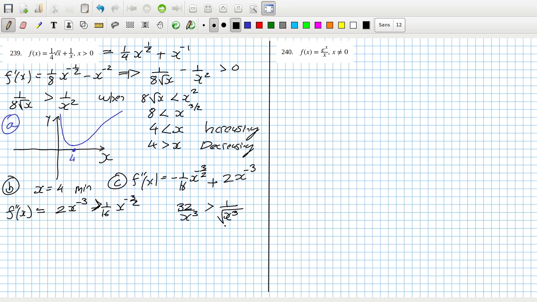So we know that x is positive, so we can cross multiply. 32 root x cubed needs to be more than x cubed.